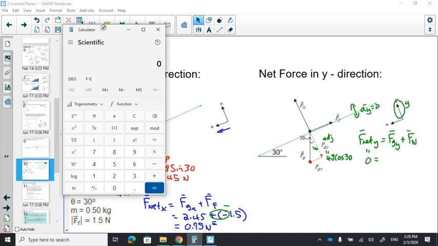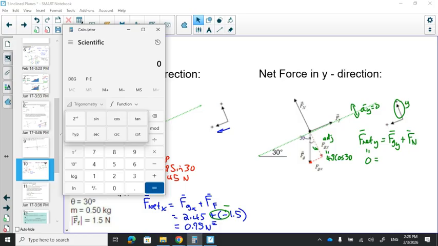I had two of them, I guess. So 4.9 times cosine of 30. I don't like this calculator because it wants me to do cosine of the 30 first. I don't like these kinds of calculators where it's not the direction I think of it.